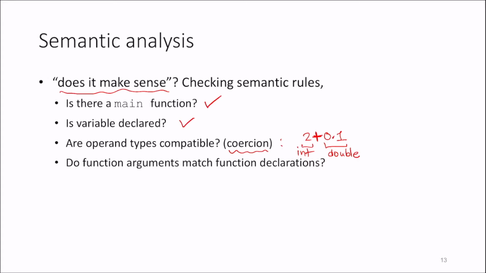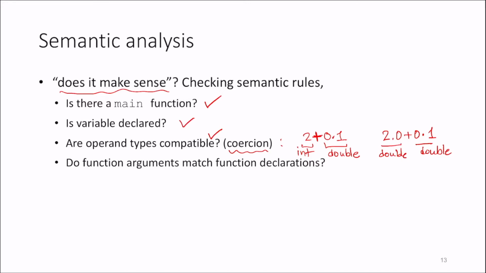The usual method is that I take 2 as an integer and convert it into a double, so that this one is a double now and this one is a double. And so I can call the addition function that takes two arguments, both of the same type, right? So this step checks whether the operand types are compatible. In a similar way, you want to check whether an operand is valid, which is very similar to a function call. So you can ask the same question about functions.